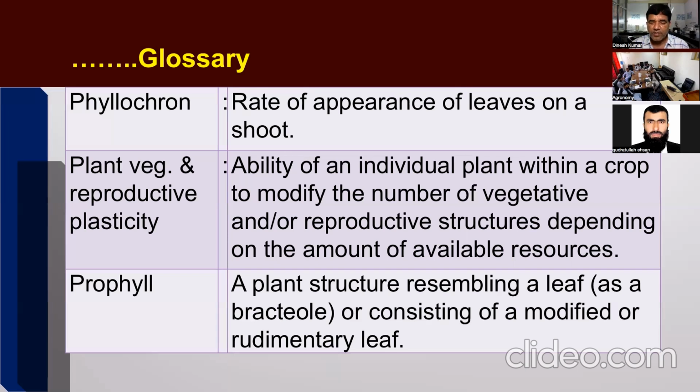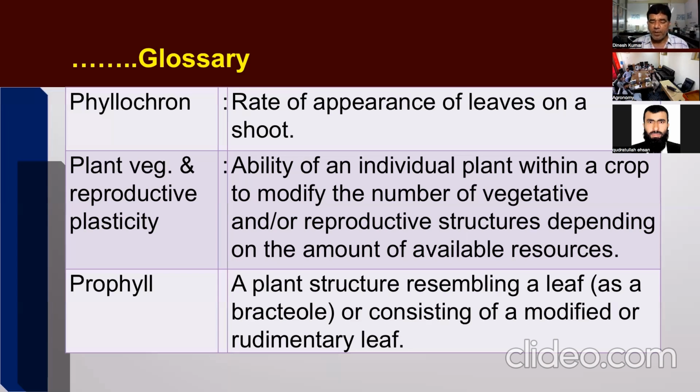So sometimes plants or crops change their growth behavior and their reproductive behavior. For example, pearl millet, which in India is called bajra, is a cereal plant and its grains are used as food.